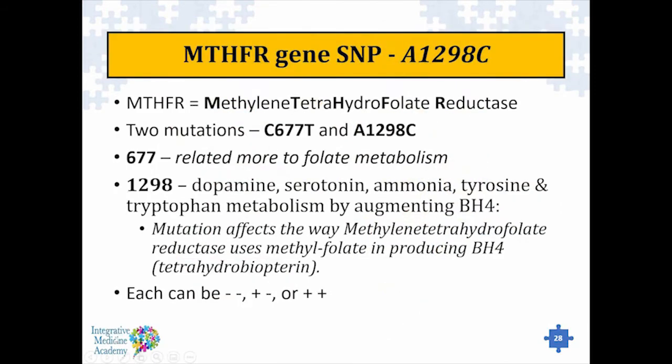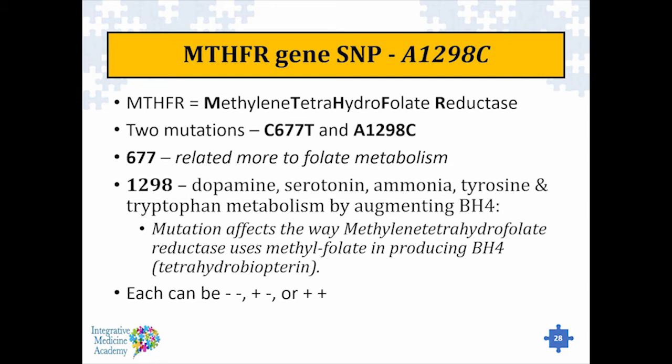The MTHFR gene, a lot of people focus on the C677T, and that's good because it certainly has a very strong influence on folate metabolism. What sometimes gets lost in the shuffle is the A1298C version of MTHFR, because this has an influence on tetrahydrobiopterin metabolism.